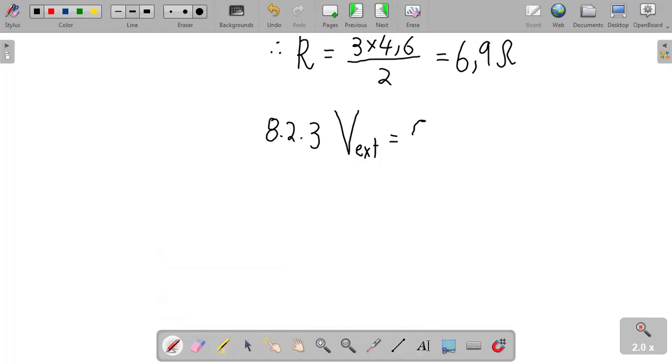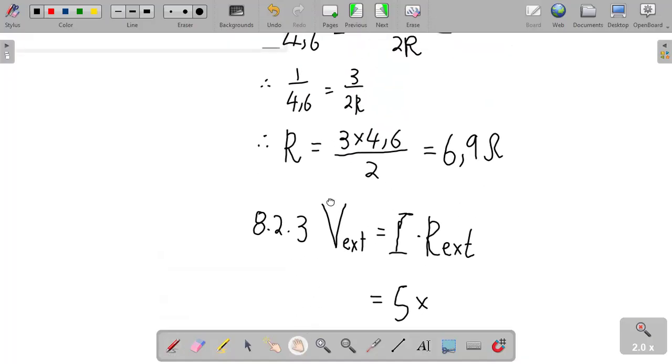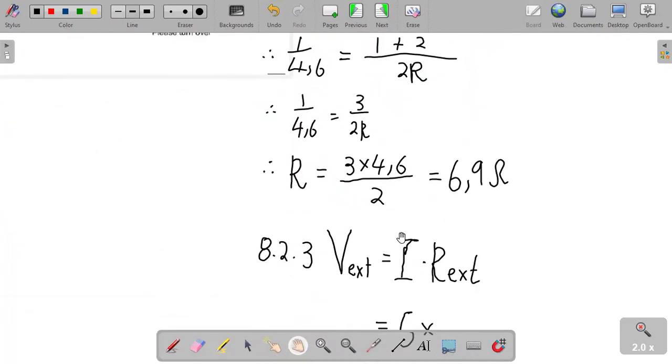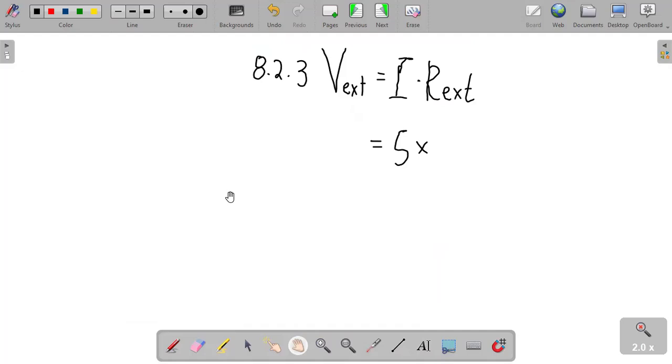It's going to be equal to I multiplied by R external. So it's going to be equal to 5 multiplied by R external, which we found here is 4.6. So you multiply by 4.6, and then you get 23 volts.